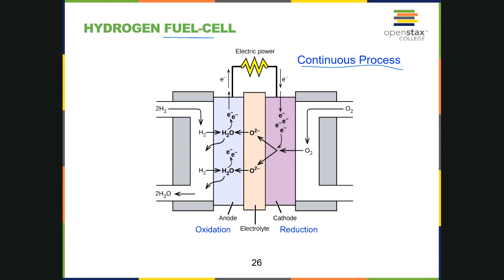You don't have those separate processes. With a fuel cell, as long as you're applying your fuel and your oxidizer, then it's going to produce electrical current.